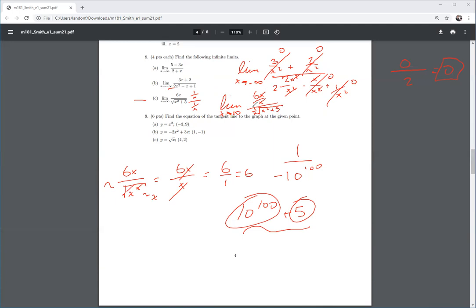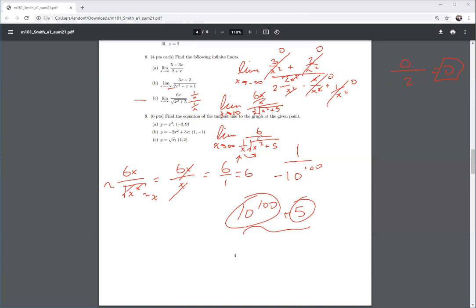So the question is, how do we do that? Any ideas how we can get this somehow into the square root? No?